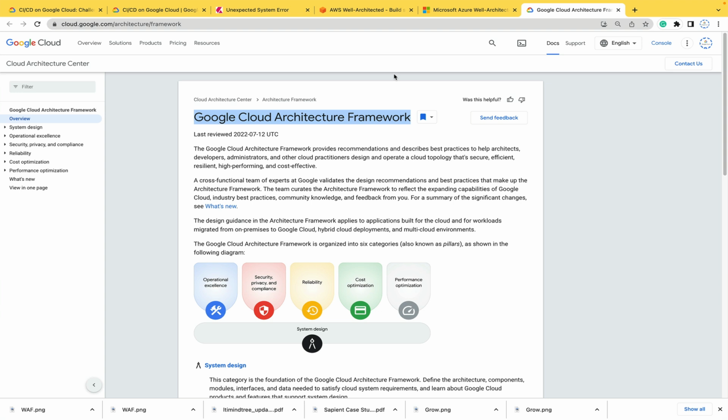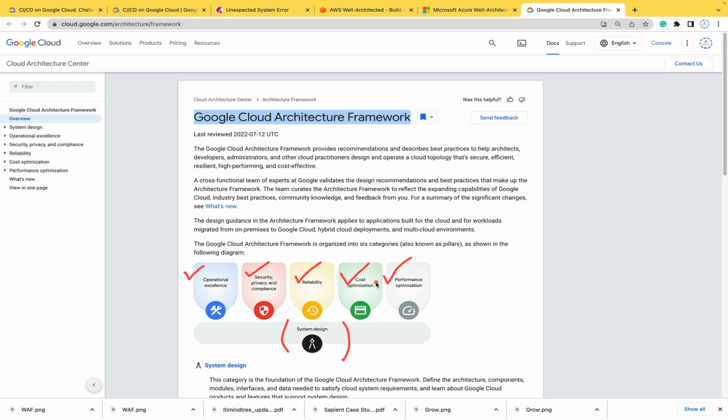So what are the categories? Let me tell you. The first category is operational excellence, then security, privacy and compliance, reliability, cost optimization, performance optimization, and system design, all listed below in this diagram.